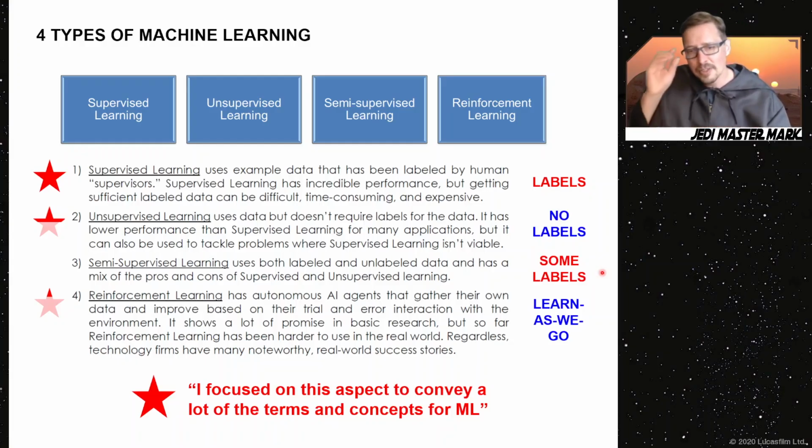And then reinforcement learning is something a lot of times tied with autonomous AI agents or robotics. It's more of a learn-as-we-go process, with a different flavor of machine learning algorithms and a different approach. We're not going to cover that as much in this course, but just understand that there are these other approaches out there that are also helpful in certain applications.